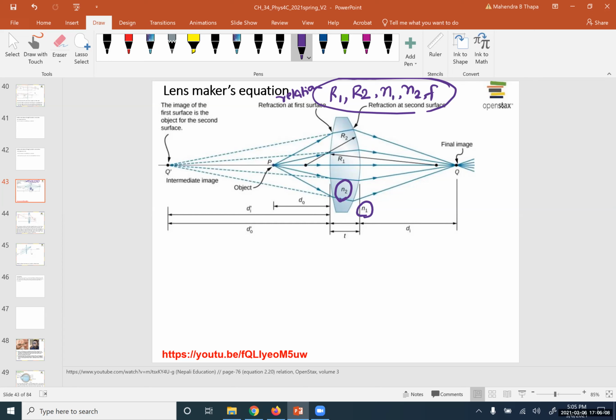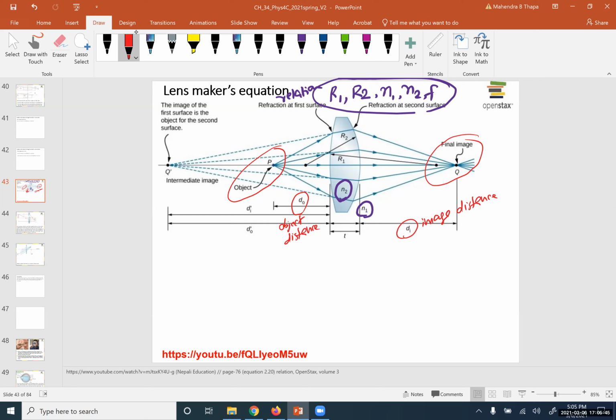This is the position of the object and this is the position of the image. d naught is the object distance, and di is the image distance.